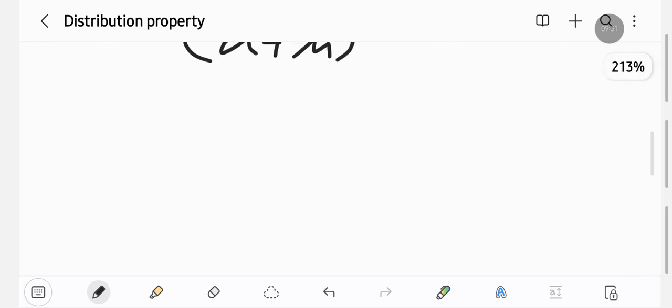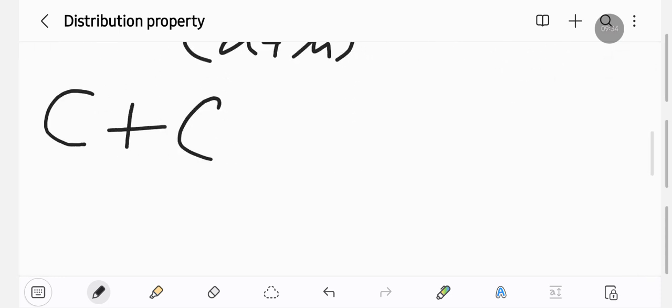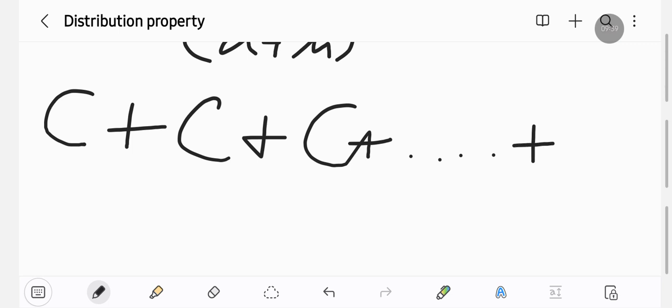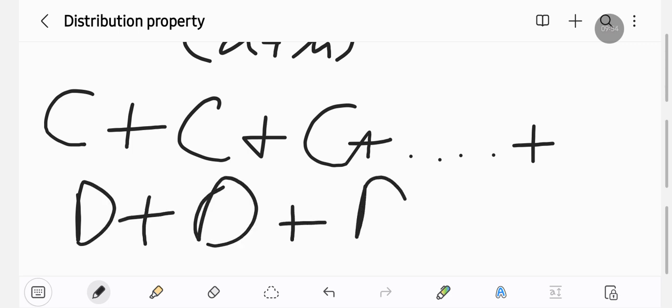Now if we group the terms, we can write c plus c plus c plus c, dot dot dot, because it means more c's are added, as many times as a plus b was added with c plus d. If you group the terms, we can write it as d plus d plus d, right?